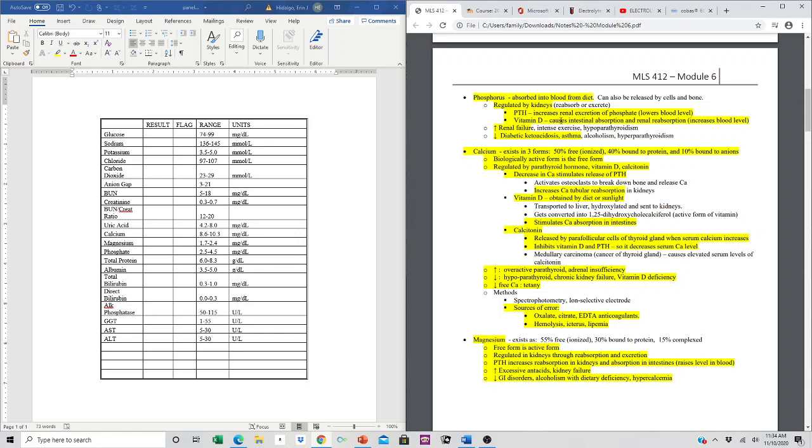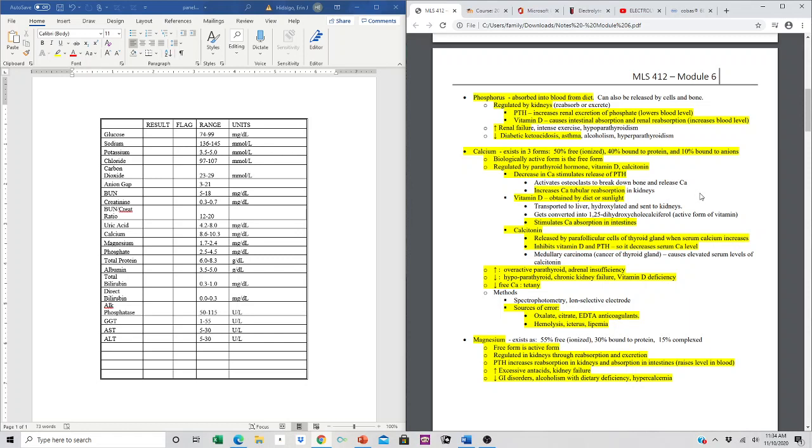And vitamin D causes intestinal absorption and kidney reabsorption, so it will increase. So you need to know this hormone and this vitamin, that the PTH will lower the blood level of phosphorus, whereas vitamin D will increase it. And that's part of that balancing act that our body's homeostasis system plays to keep everything in check. Increased phosphorus associated with renal failure, decreased associated with diabetic ketoacidosis and asthma.